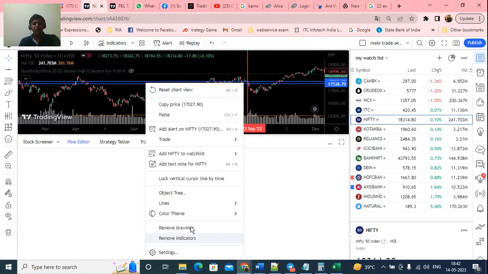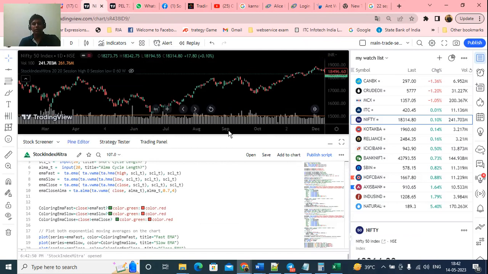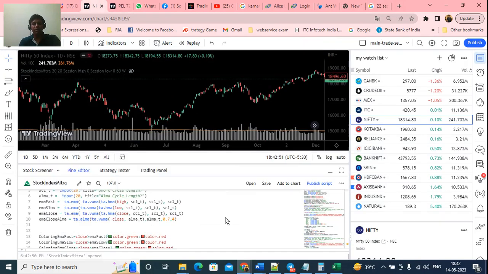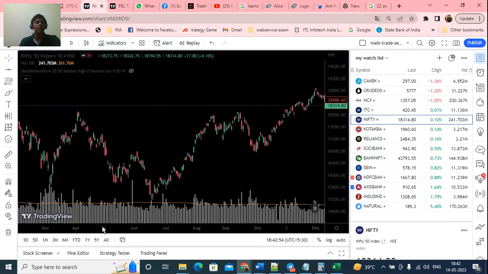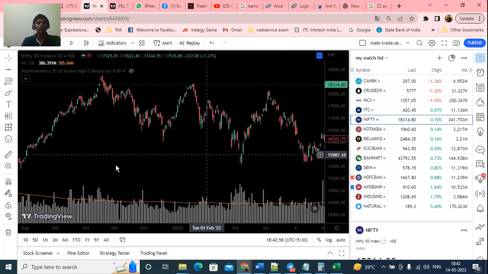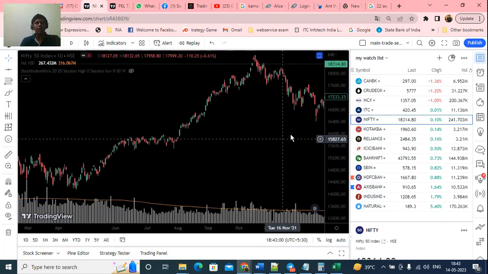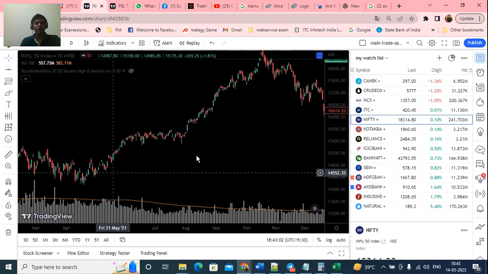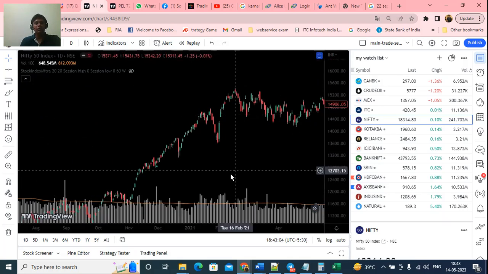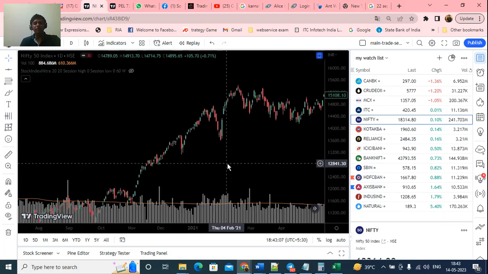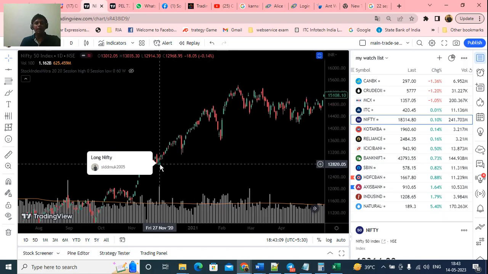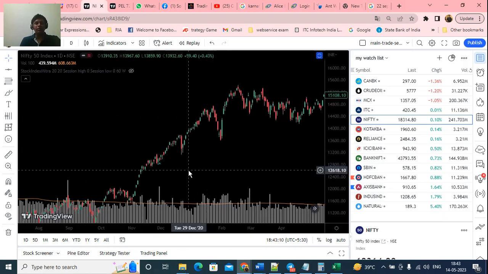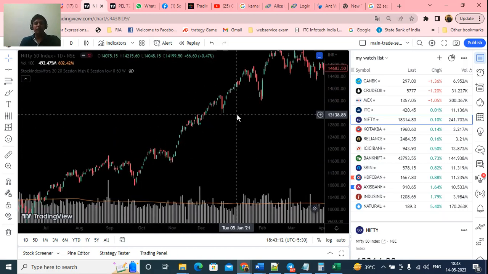If anyone is looking for indicators, I have indicators which work for stocks, commodity, currency, as well as cryptocurrency. You see this kind of calls I have given, where Nifty longs are happening, and you see how many points you have gained.